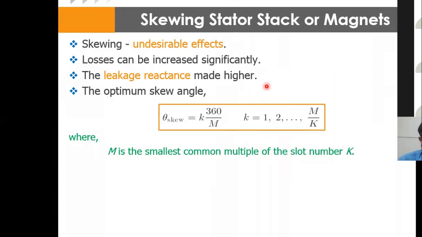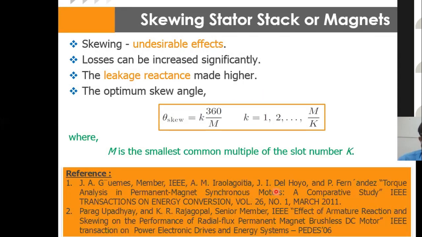The losses can also be significantly increased, and the leakage reactance can also be higher because of that. So you need to have an optimal skewing angle. How can an optimal skewing angle be achieved? From these literatures, we have obtained this equation, which is based upon your slot number and its least common multiple.